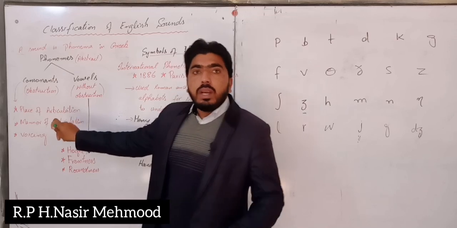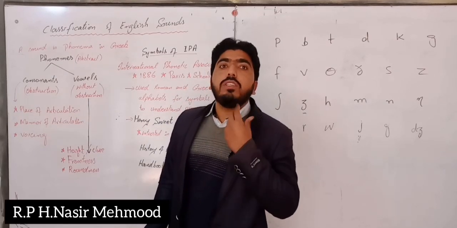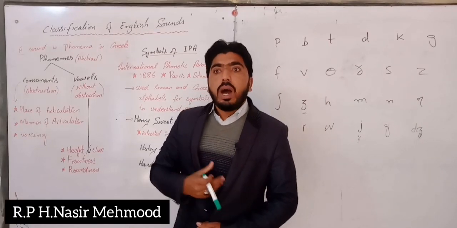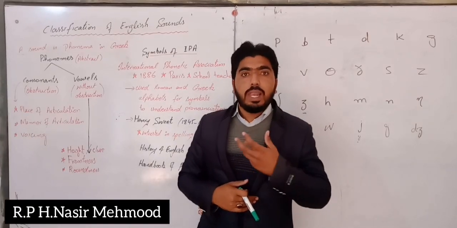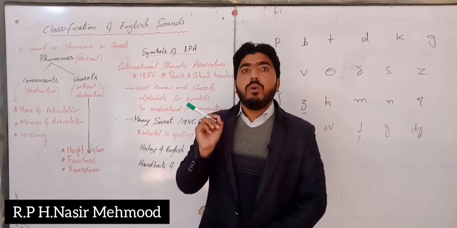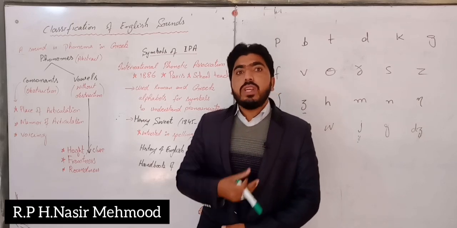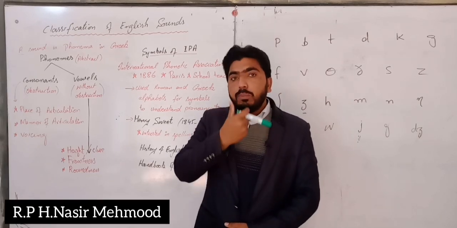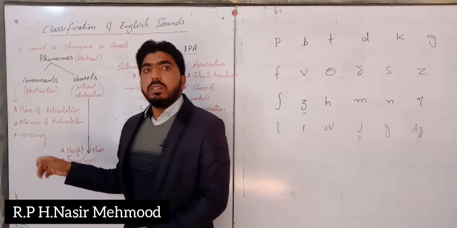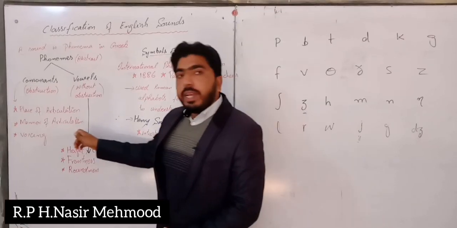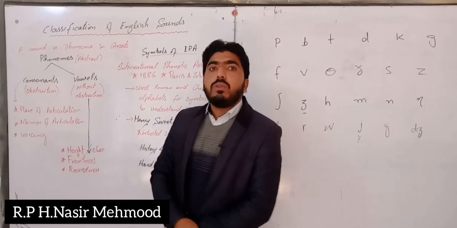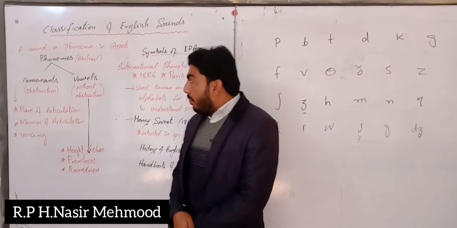Place of articulation means from which place a particular sound is produced. Manner of articulation means the method, the way the airstream comes out of the lungs and how different organs make different kinds of movement, how the airstream is affected by the movement of speech organs. This is the subject of manner of articulation. We will have different headings like plosives, fricatives, affricates.